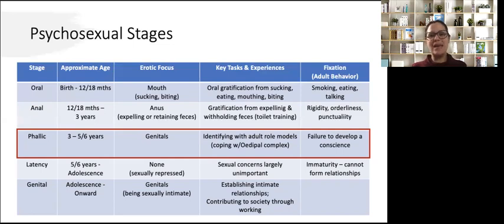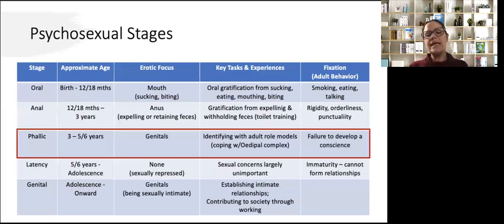It's all based on male, it sort of looks down on the female role in all of this, with penis envy and things like that. Really interesting things, but I think you can read about it. I don't need to talk about it at length, but just know that all of that, according to Freud, is happening during the phallic stage.